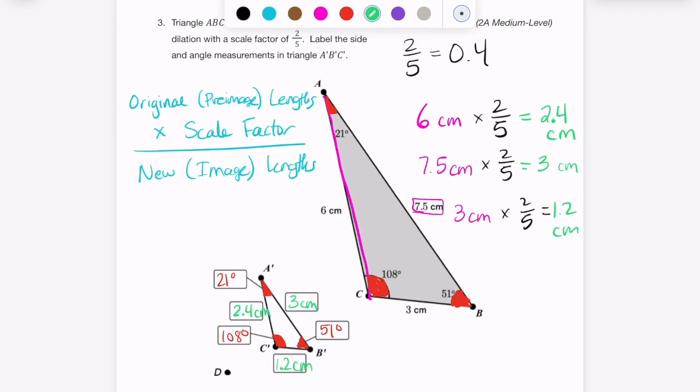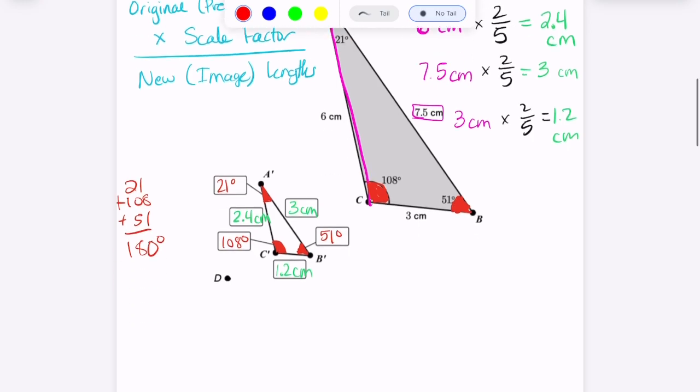You could add those up. 21 plus 108 plus 51 is going to equal 180 degrees, which is right because we know in any triangle the sum of the angle measures is 180 degrees. So you multiply the side lengths by the scale factor, and the angle measures stay the same whenever we have similar figures dilated.